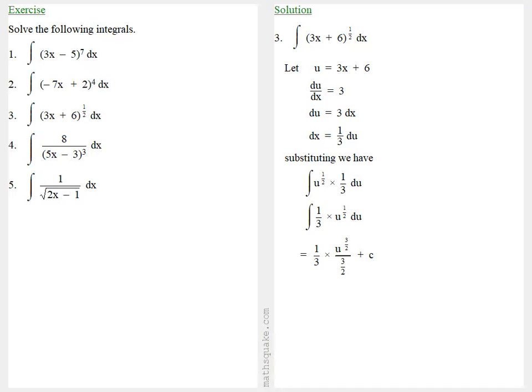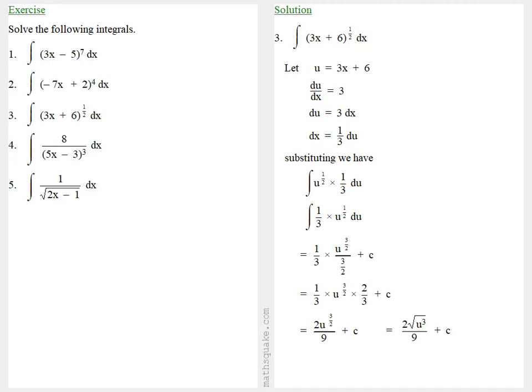So that becomes u^(3/2), and we divide by that number 3/2. So that gives us a third times u^(3/2), and instead of dividing by 3/2 we can multiply by 2/3, plus c. So this gives us 2u^(3/2) all over 9 plus c.